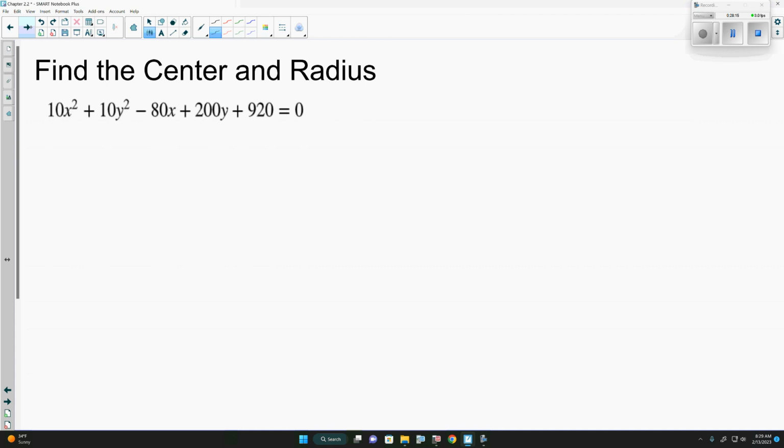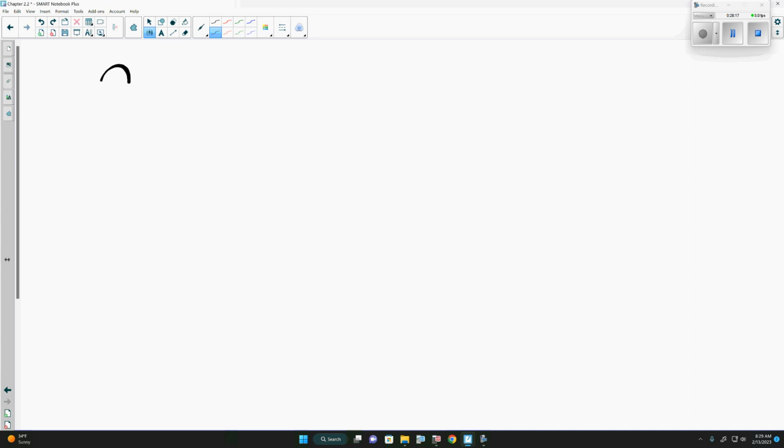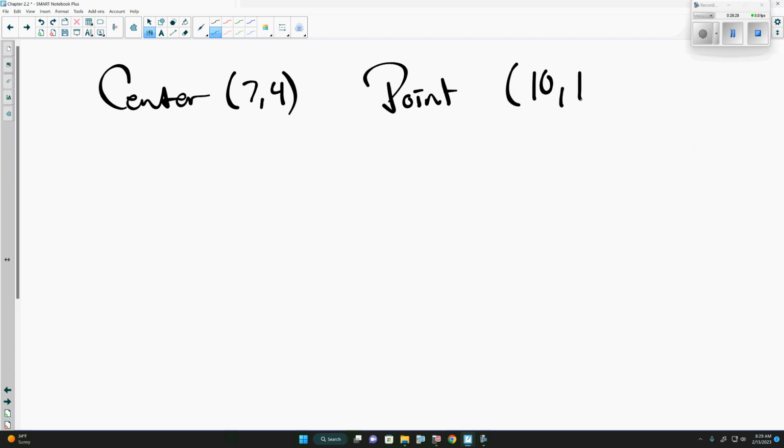Because the only other type that could come up on the homework is that they give you the center and they tell you that a point on the circle is (10, 20).